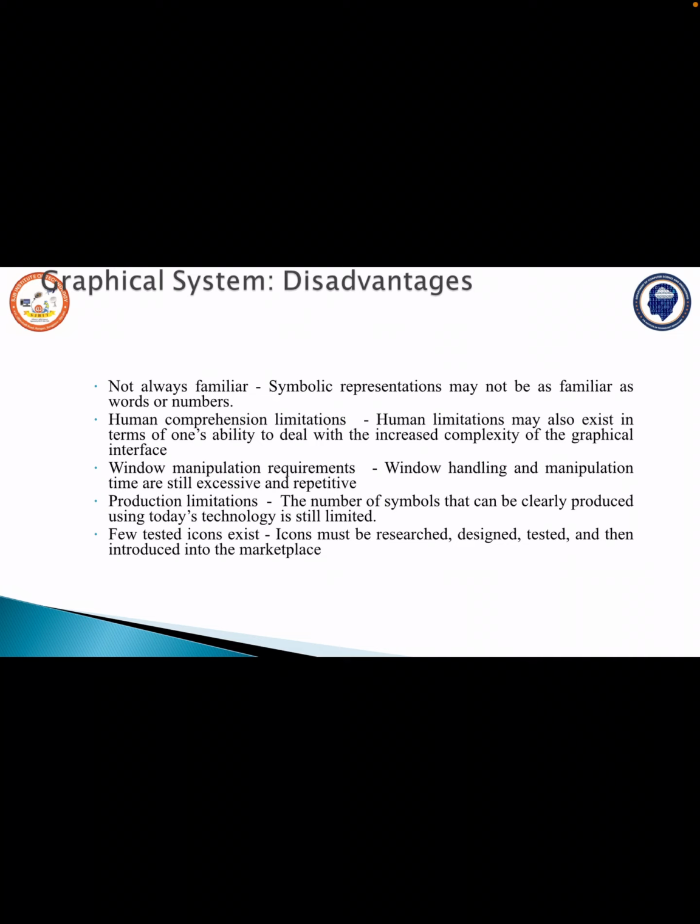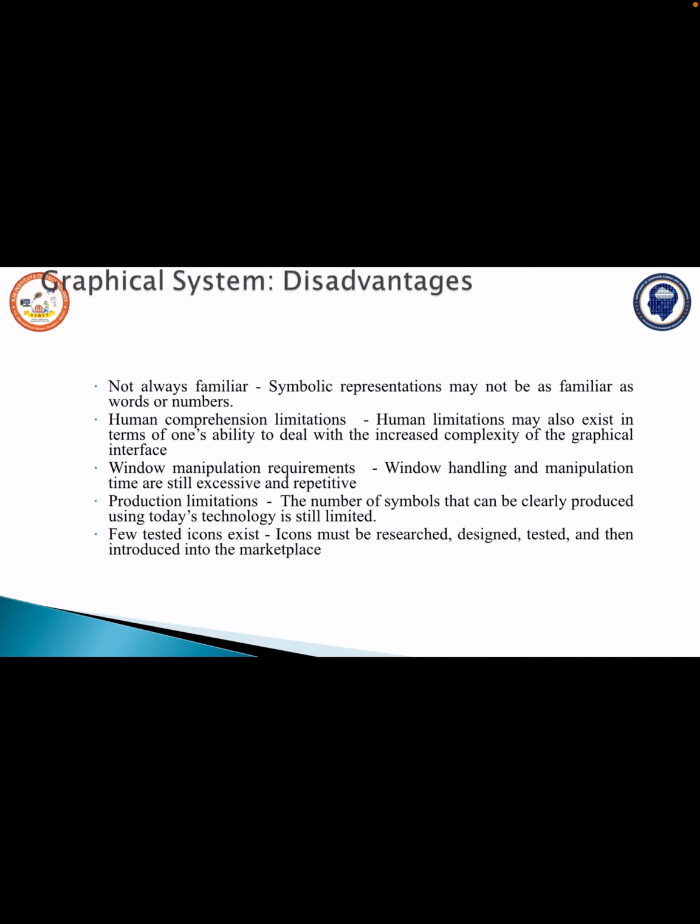And human comprehension limitation. That means there are certain limitations you should see in terms of the humans who will be using that particular graphical interface, in terms of performance, in terms of complexity. If the design is more complex and crosses the limitation of humans, then it is difficult for the design to be in the market, or to go to implementation. And window manipulation requirements.